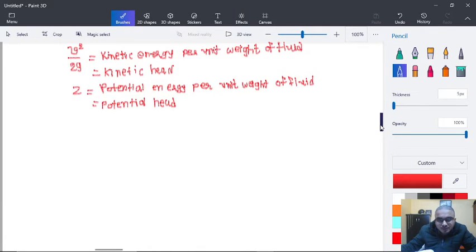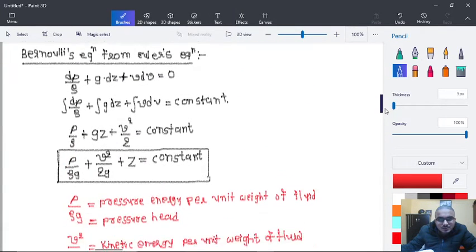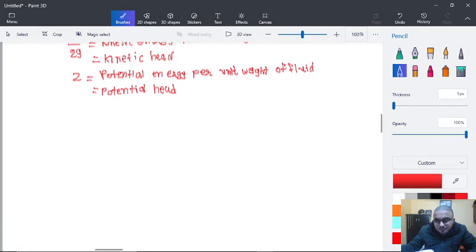So our next topic is Bernoulli's equation for real fluids.